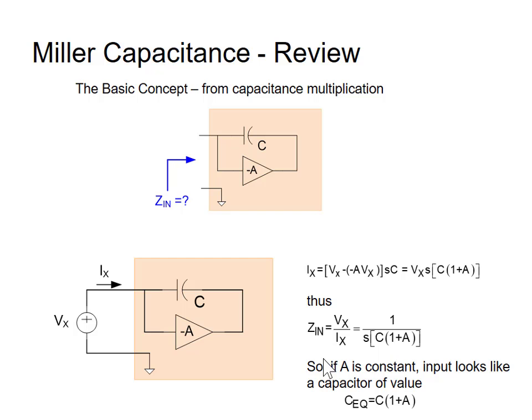So from this equation, we get 1 over S C times 1 plus A. And that tells us that this is equivalent to a capacitance of value C times 1 plus A. Okay? But if A of S is not constant, then that expression for the input impedance will not quite be 1 over S times something. Make sense?